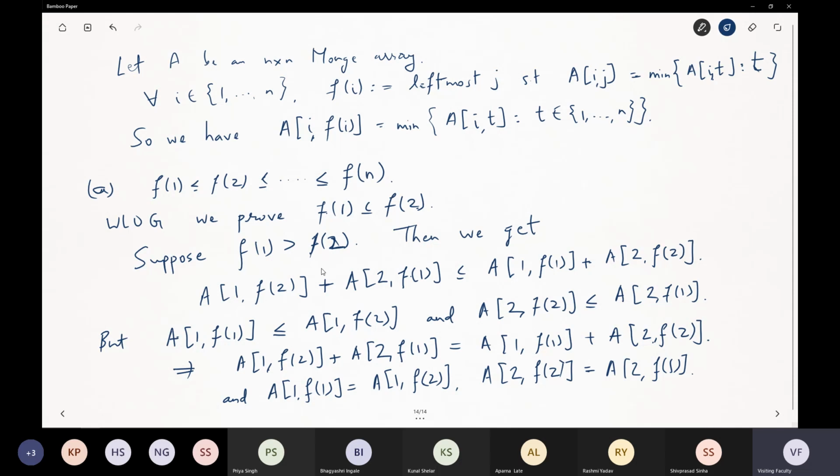Is that okay? Now this will contradict f1 greater than f2.